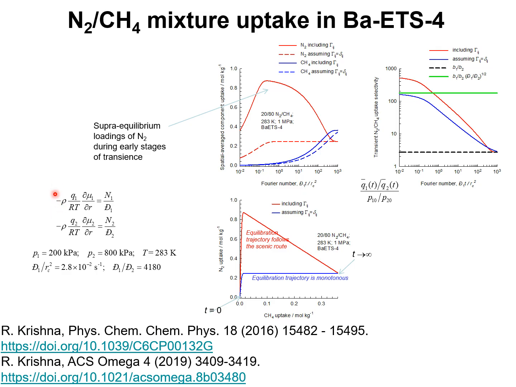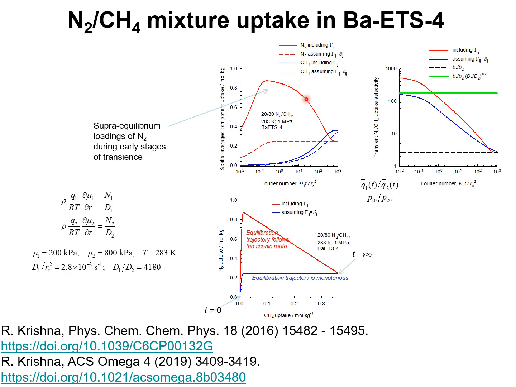From the data on the development of the transient loadings within the particle, the spatially averaged component uptakes can be determined from the simulations, and these are plotted in this diagram as a function of the Fourier number. The continuous solid lines are for the model in which the thermodynamic coupling effects are duly accounted for.